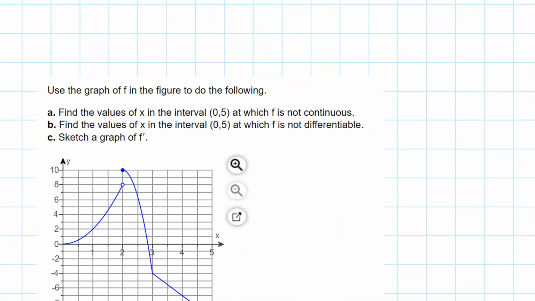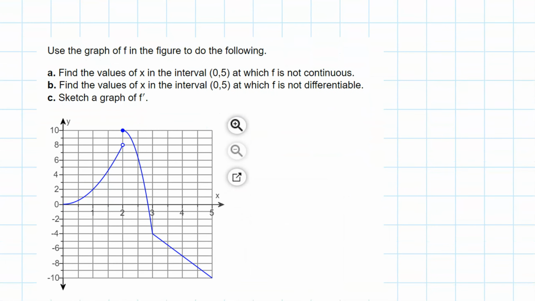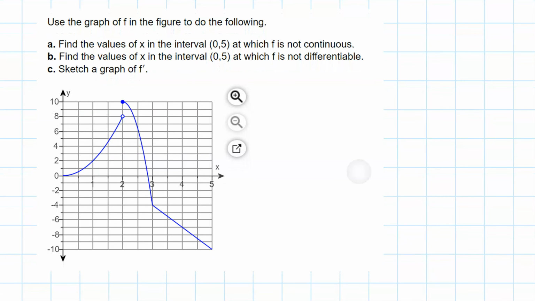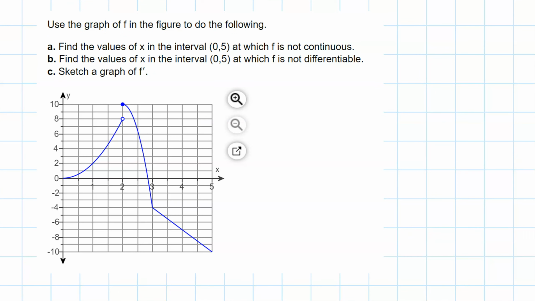So now we finally get to go into the idea of a derivative. Here, first we'll talk about where it's not continuous. I hope everyone can see that the fact that this happens here means the function is not continuous at x equals 2.